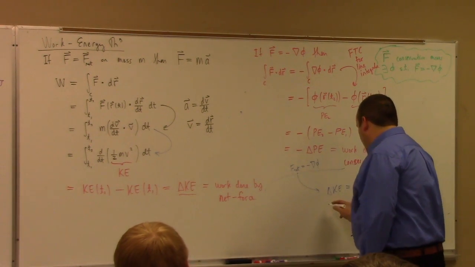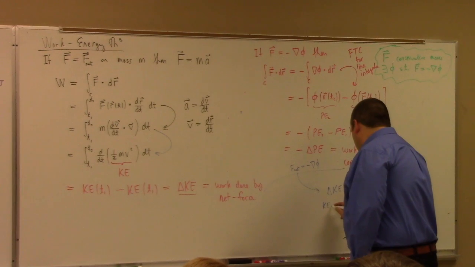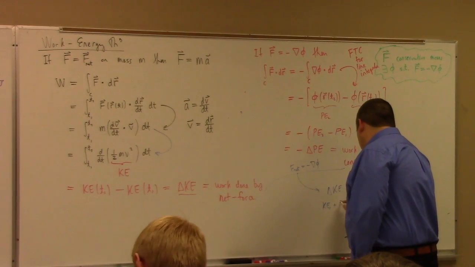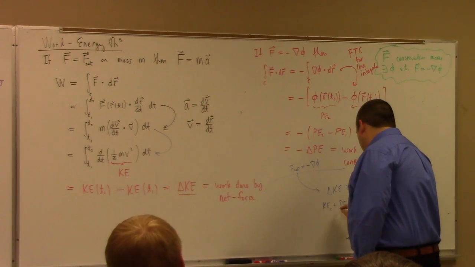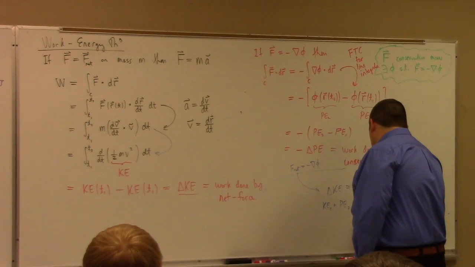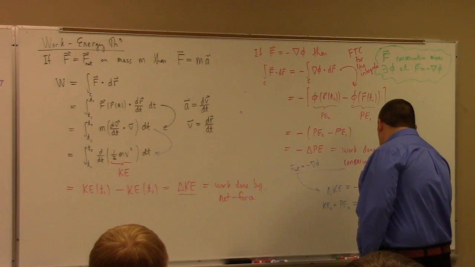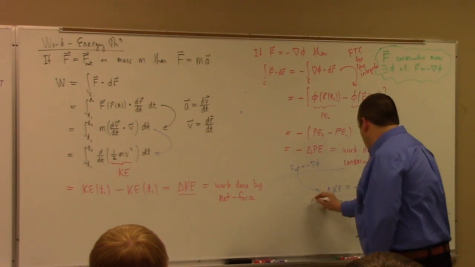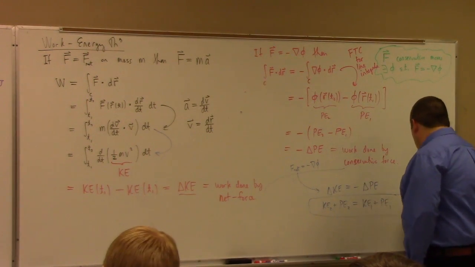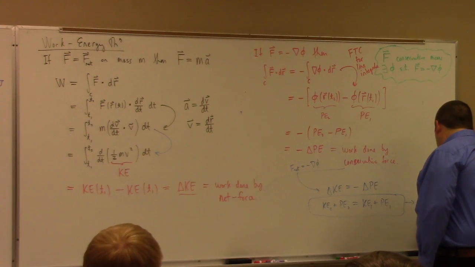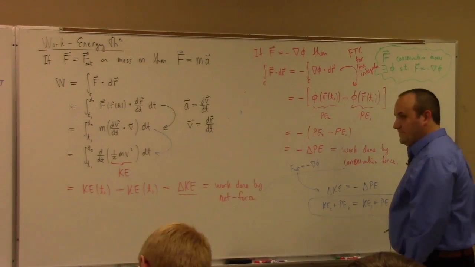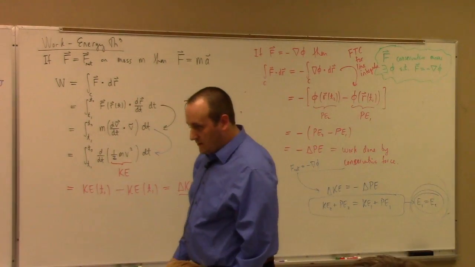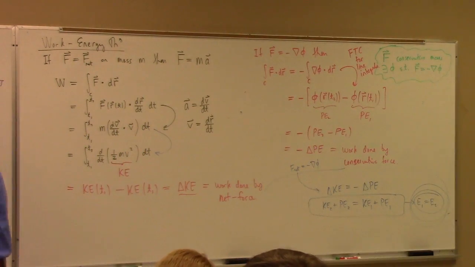But it's a lot more fun to write this as kinetic energy 1 plus potential energy 1 equals kinetic energy 2 plus potential energy 2. In other words, E1 is equal to E2. The total mechanical energy is conserved.